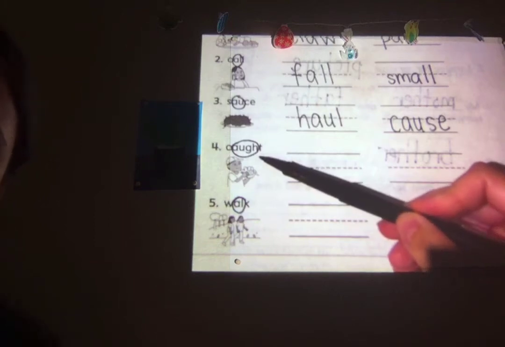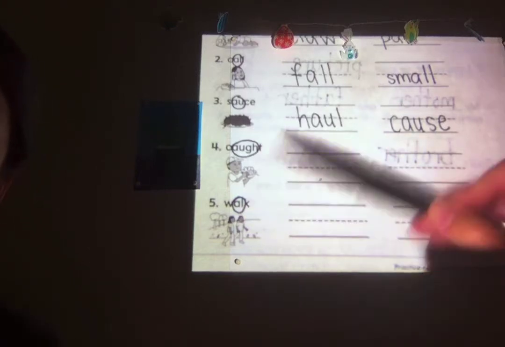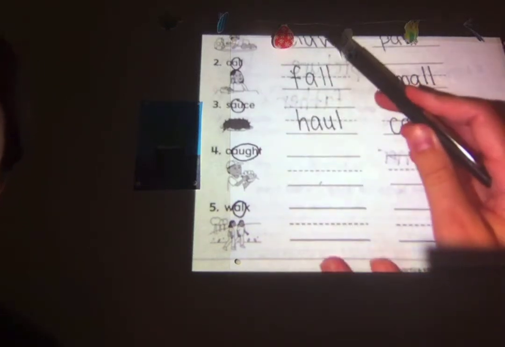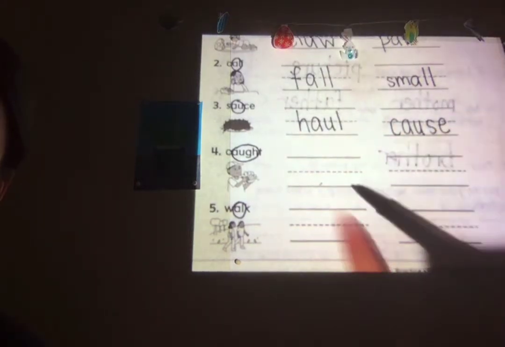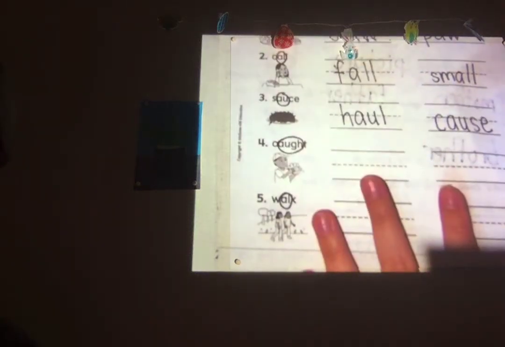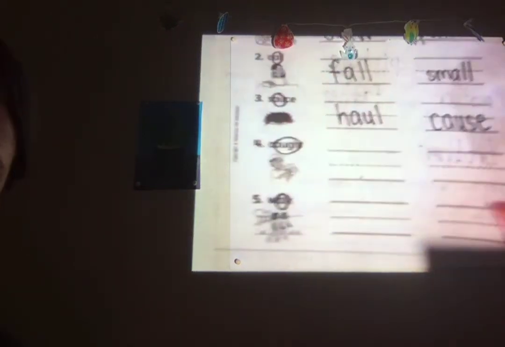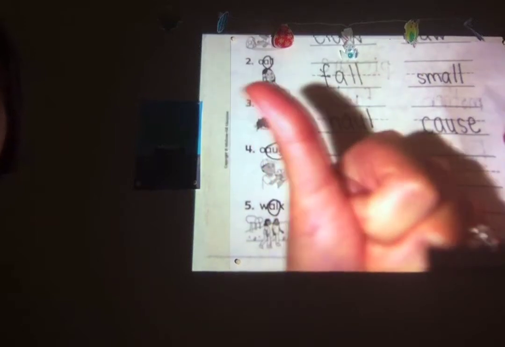Circle it right now so you can see what it uses. A-U-G-H and A-L. Okay? And then you're going to look for words that also have A-U-G-H or A-L, and you're going to write them on the line. Okay? You're going to look for the same spelling of that aw sound and place it on the lines, not the boxes. That's 283. Good? Trying to show you my thumbs up. Good? Okay.